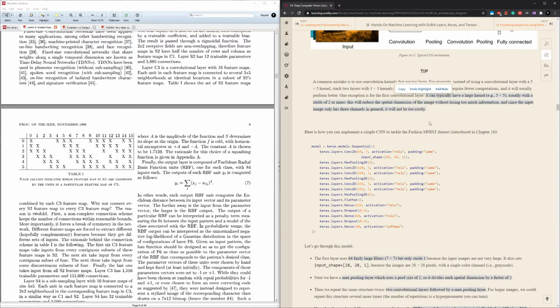They have also given us an exception with respect to a stride of 2 or more.